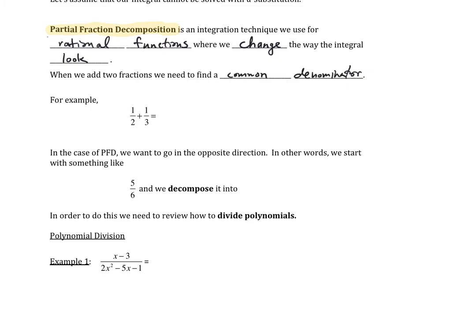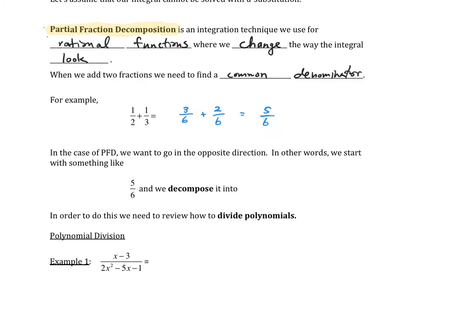Well, first I rewrite 1/2 with a denominator of 6. So that's going to give me 3 over 6. And then I rewrite 1/3 with the denominator of 6. So that's going to be plus 2 over 6, right? And then when we add these guys together, you would end up with 5 over 6.